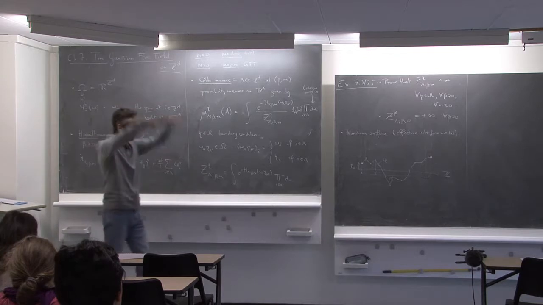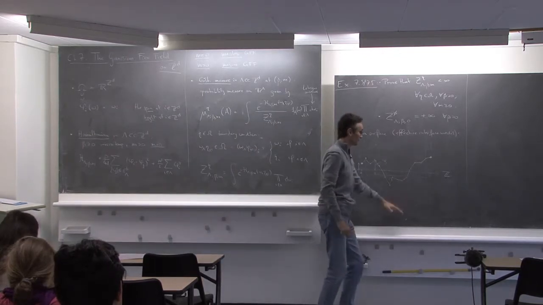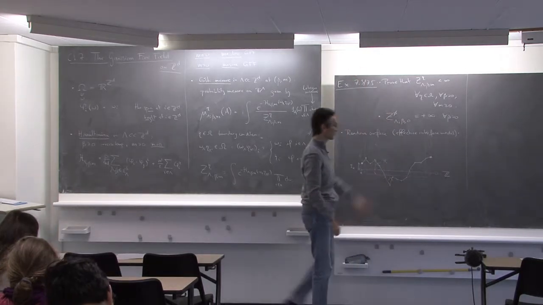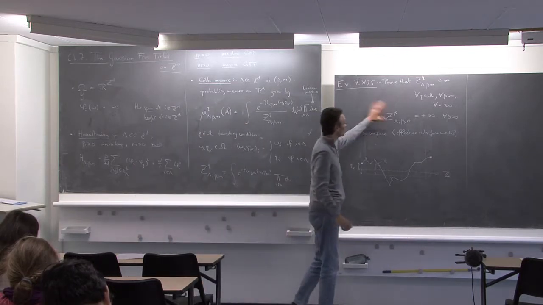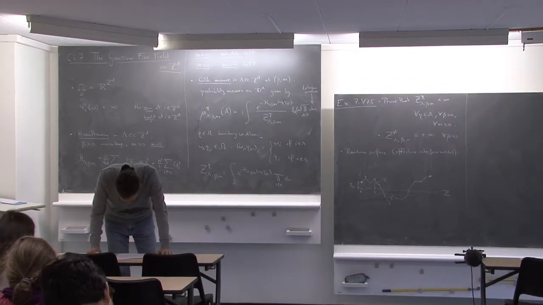So the energy is preserved if I make a vertical shift of the interface. And therefore, since the interface has an infinite amount of space to move upward and downward, it will just go to infinity immediately. So you cannot define the probability measure in this case. But okay, check it.